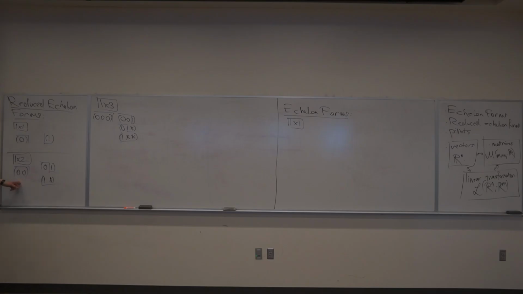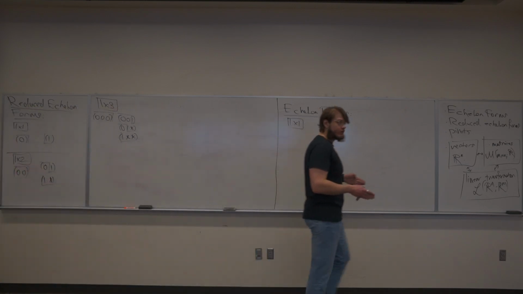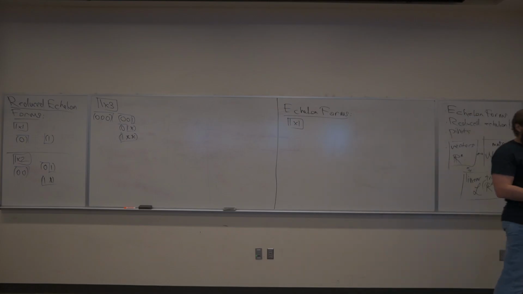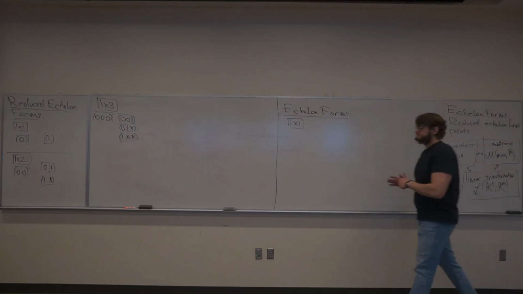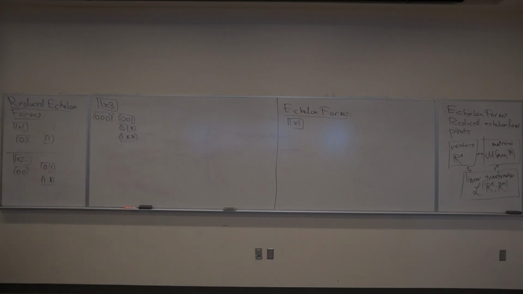With 1 by 2, I have one row, 2 columns. Remember, when I'm saying m by n for a matrix, m, the first number, is always the number of rows, and the second number, n, is always the number of columns. So now I'm looking at a 1 by 2 matrix. Again, it could just be 0 everywhere.